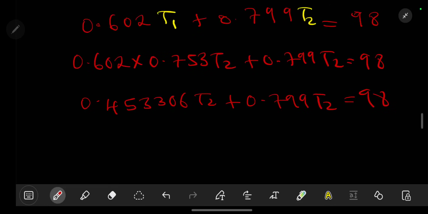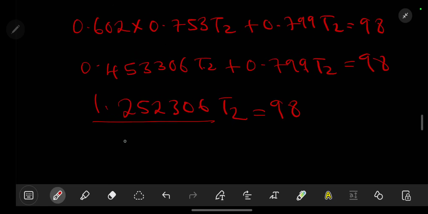Then let's add the two values. We are going to get a value of 1.252306 T2. When we add these like terms, T2 should be equal to 98.